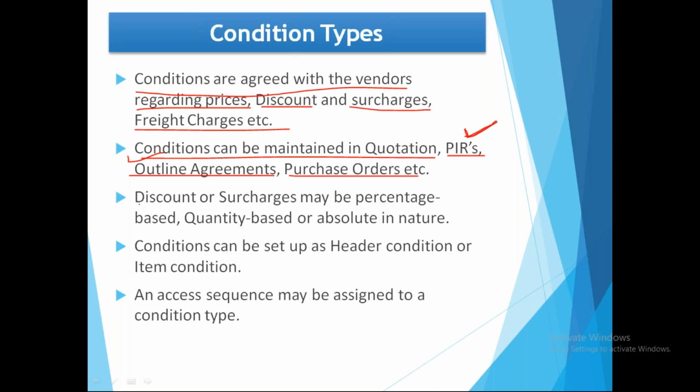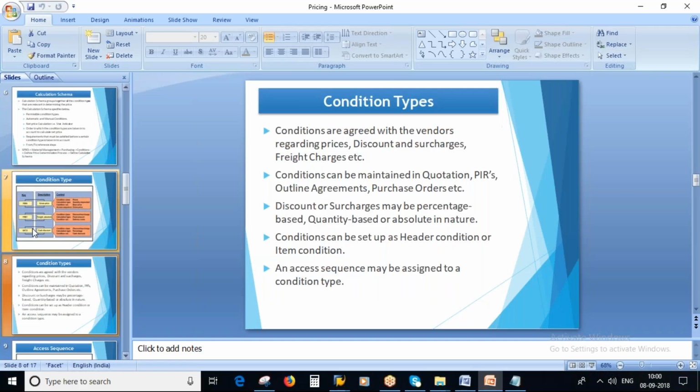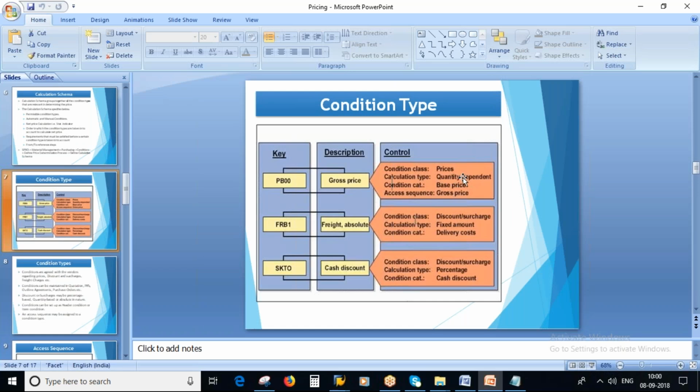Sometimes discounts or surcharges may be percentage based, quantity based or absolute in nature. If you see here, the condition type can be quantity dependent, it can be a fixed amount, always a fixed amount, or it can be based on a certain discount percentage. That is how calculation is done. I'll show you this in the system.